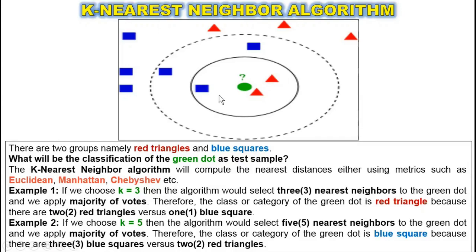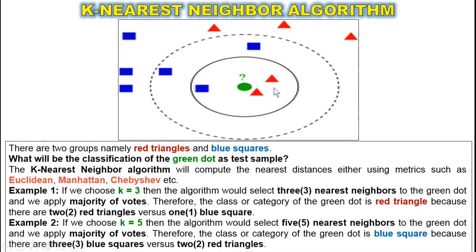Another example, if we choose the value of k equals to 5, then the algorithm would select 5 nearest neighbors to the green dot. And we can identify them as 1, 2, 3, 4, and 5. And we have 3 blue squares plus 2 red triangles.